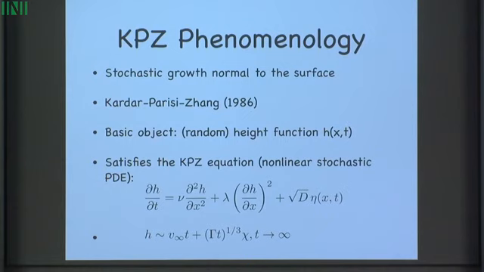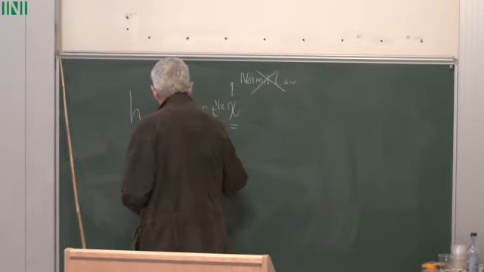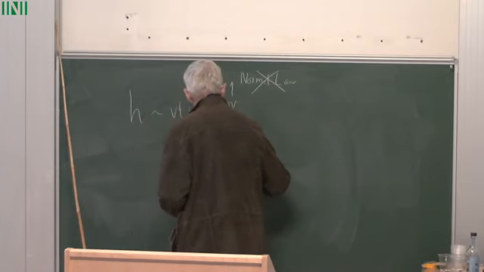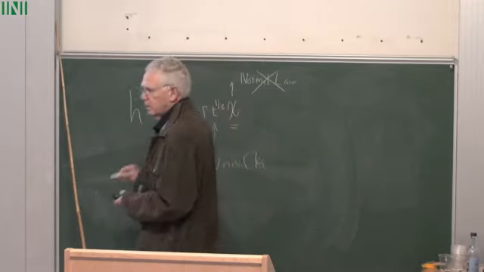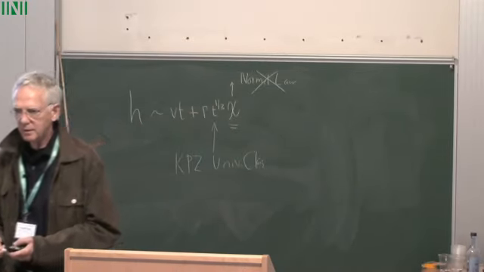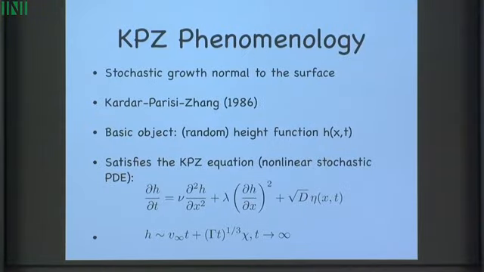And it got to the point where if you had a discrete model and you saw fluctuations on t to the 1/3, you said, I'm in the KPZ universality class. So any model which gave t to the 1/3 was decided to be KPZ universality, even though at this point the KPZ equation wasn't shown to be in the KPZ universality class.